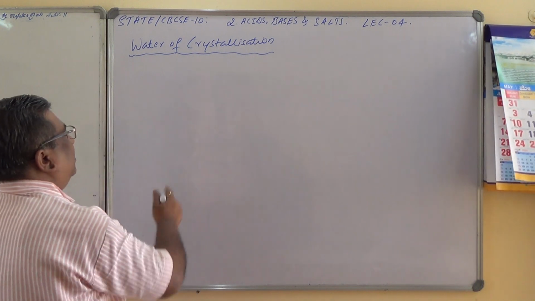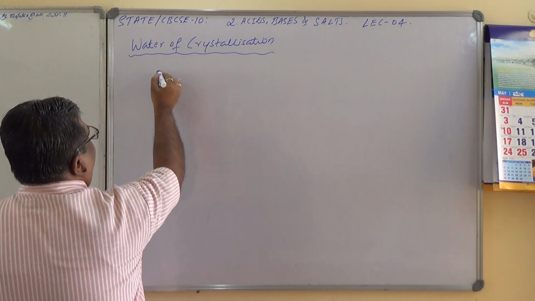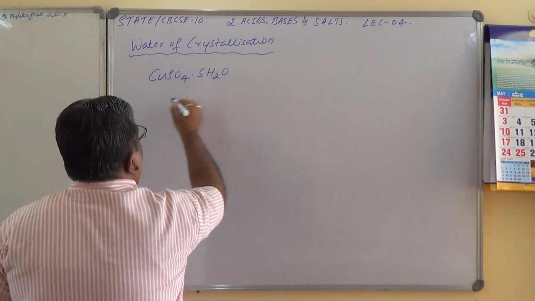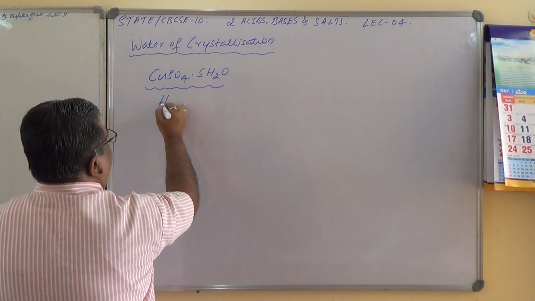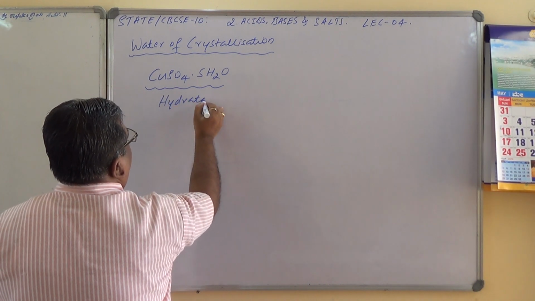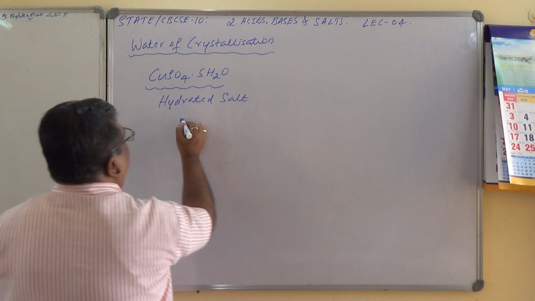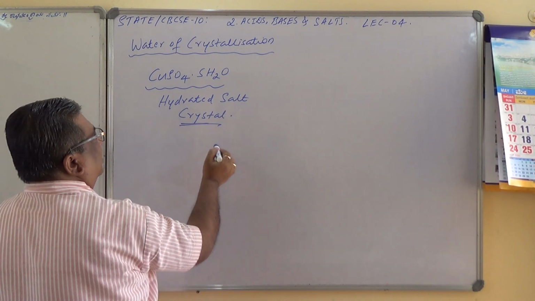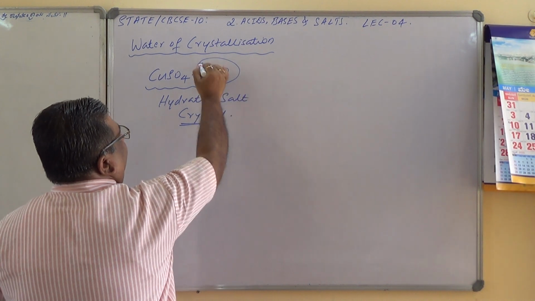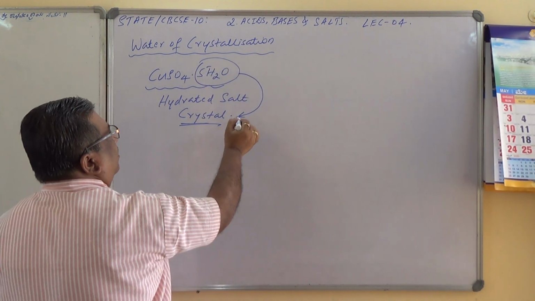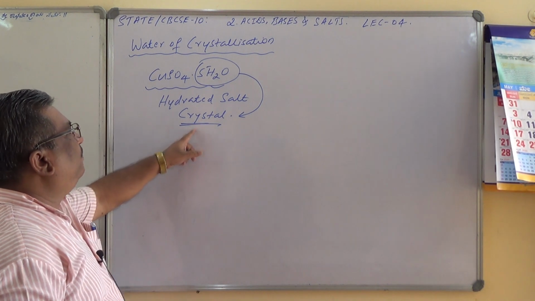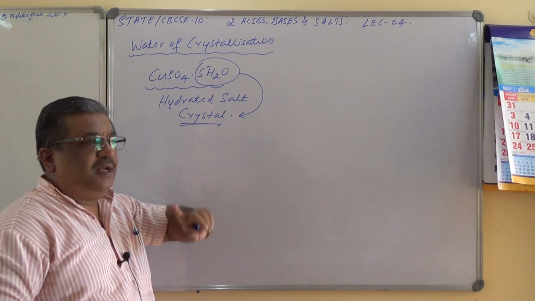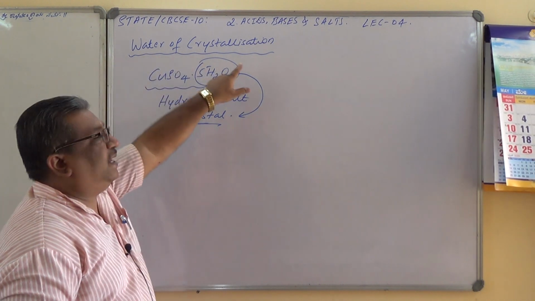The important thing here is, see, if I take copper sulfate, CuSO4 into 5H2O, this is called a hydrated salt. It is in the form of crystal because of the presence of 5 water molecules as water of crystallization.